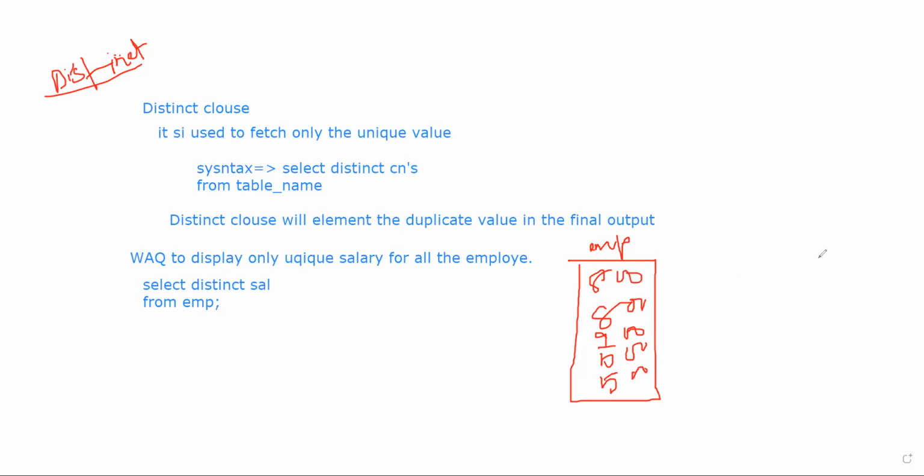And what is the final output, guys? 800, 900 and 500? Why 500? There are two 500s there. Only 900, sir. The final output is only 900. 900 is the unique salary, right? Understand the question: write a query to display only unique salary for all the employees.